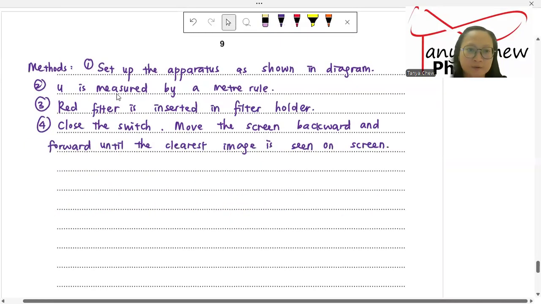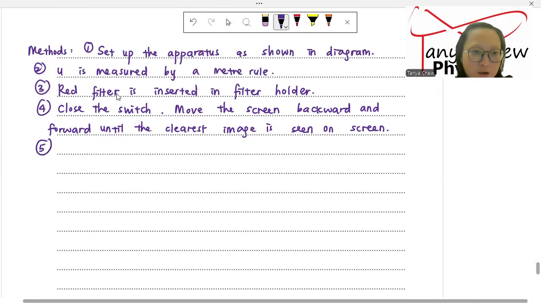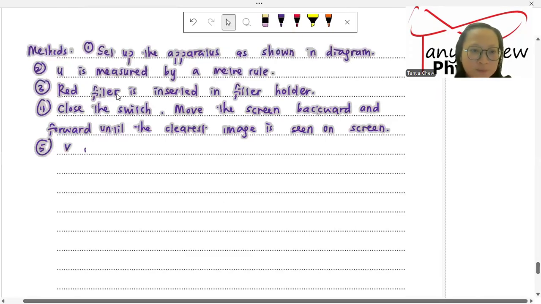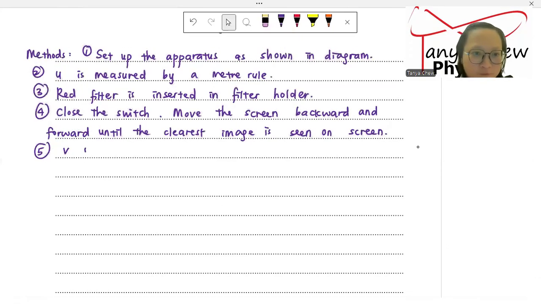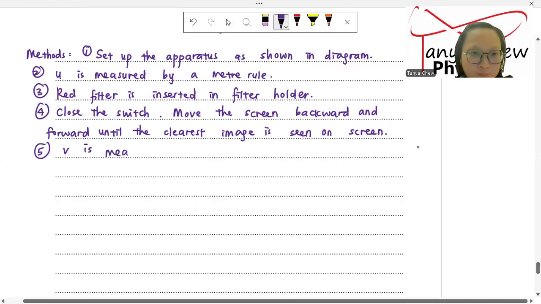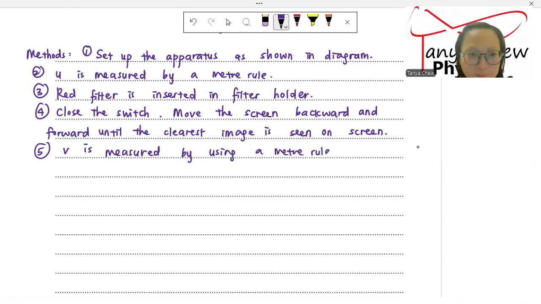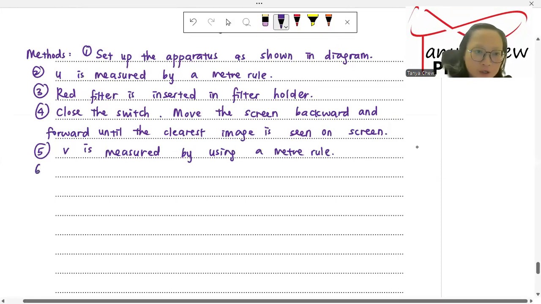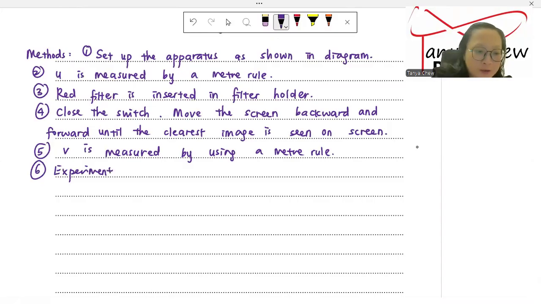And then, after that, measure your V. V is measured by using a meter rule as well. And after that, don't just stop right there, because the last point for the method is that you have to tell the examiner to repeat the experiment.